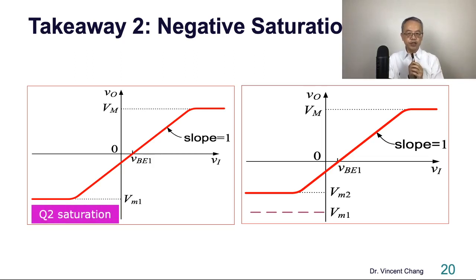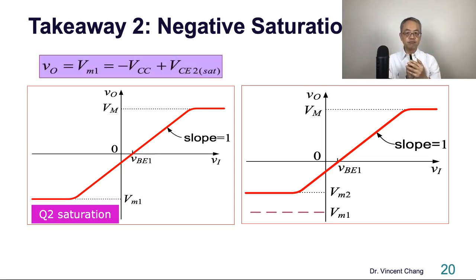In the first scenario, it will be limited by the saturation of the current mirror transistor Q2, and the answer is negative VCC plus VCE saturation.